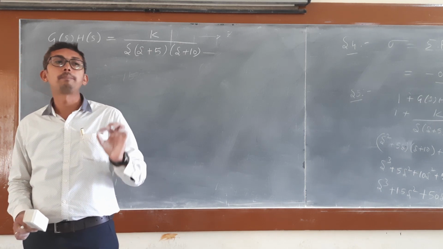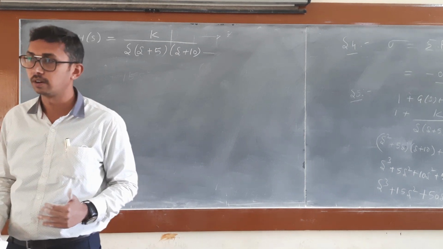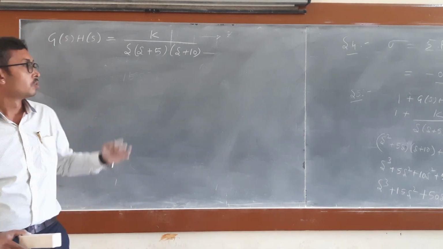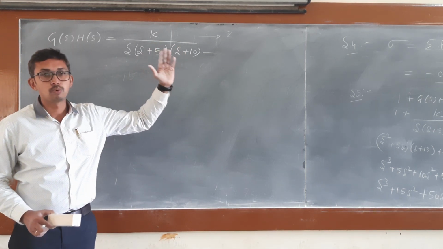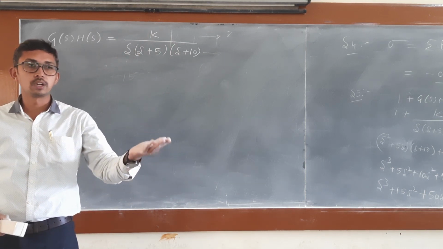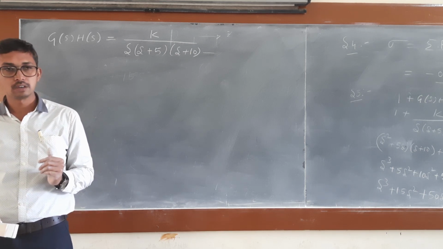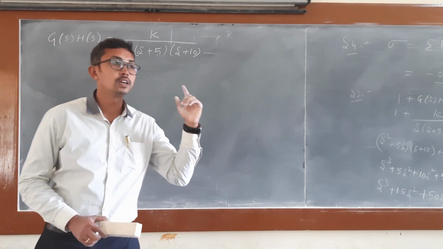When we have complex zeros, we need to find the angle of arrival. In this problem, we don't have any complex poles or complex zeros, so there is no need to do step number 7. Is it clear?